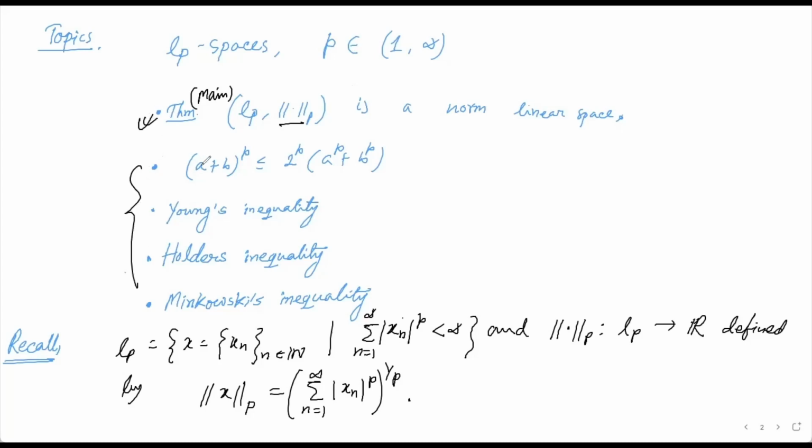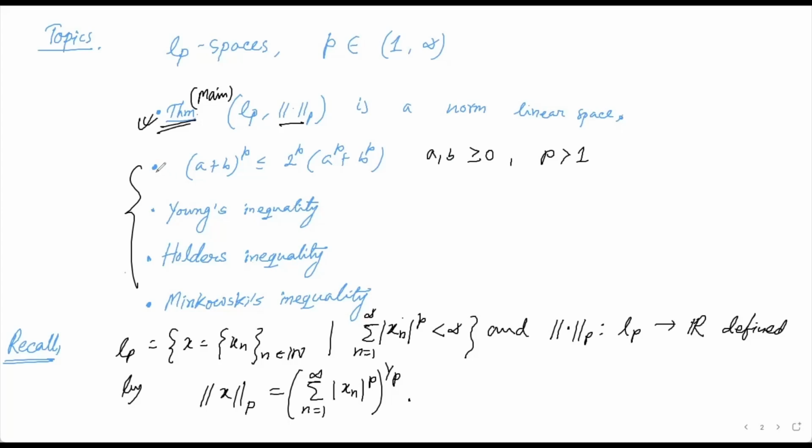First, we prove that for a and b greater than or equal to 0 and p a real number greater than 1, (a plus b) whole power p is less than or equal to 2^p times (a^p plus b^p). Then we will prove Young's inequality, Holder's inequality, and Minkowski's inequality, and finally we prove the main theorem.